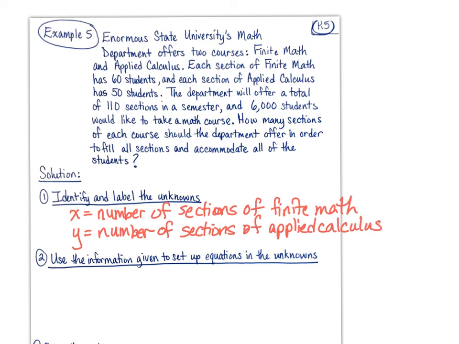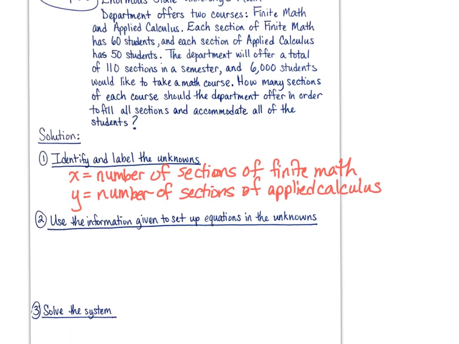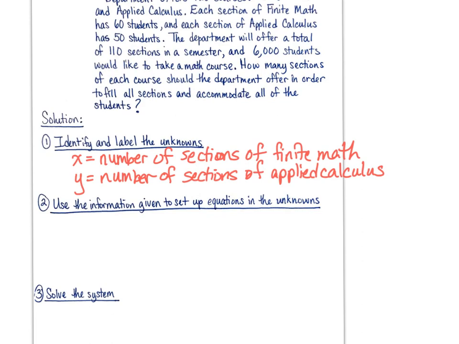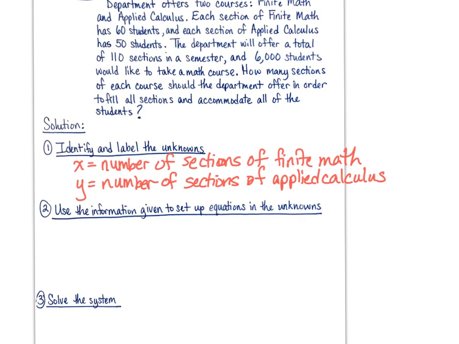Okay. Now what we're going to do is use the information given to set up our equations in the unknowns. Okay, so I'm going to shift this up just a little bit. So the information we have are students, and then we have our sections.